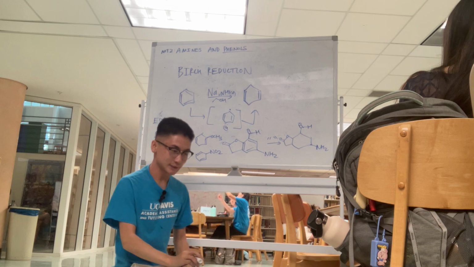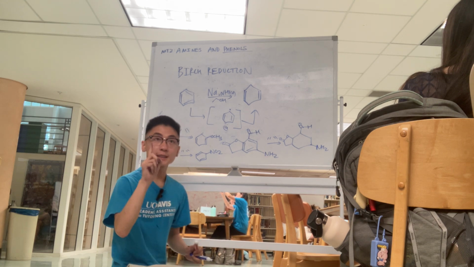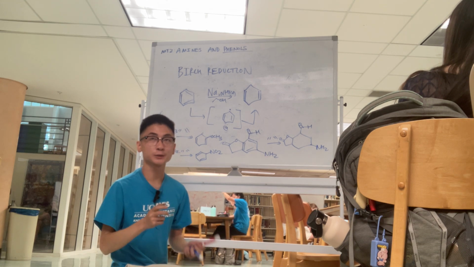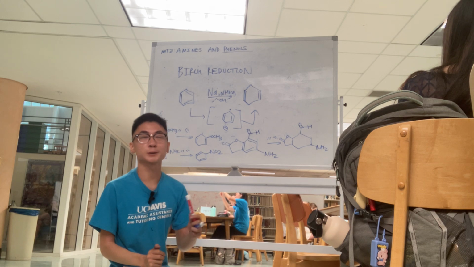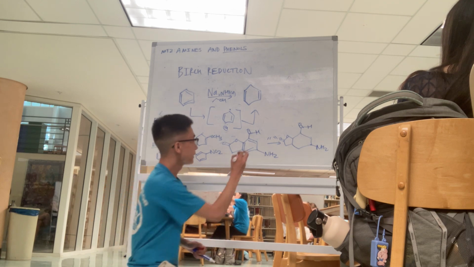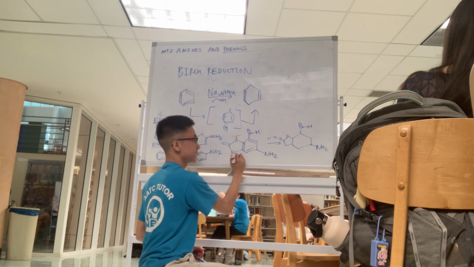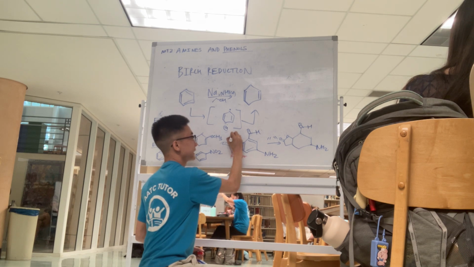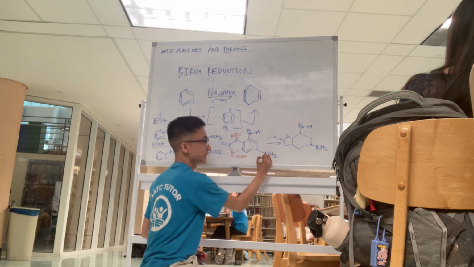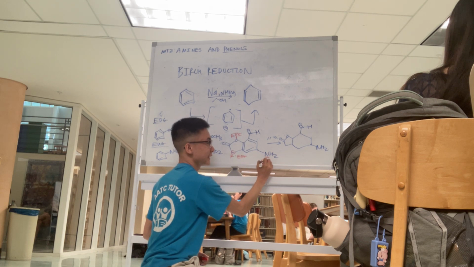To tell if something is an EDG or EWG, look at the very first atom. If it has a partial negative charge, it's an EDG. If it has a partial positive charge, it's an EWG. This is negative. This is an R group, and R groups are also EDG. This nitrogen here is partial negative, so this is EDG.